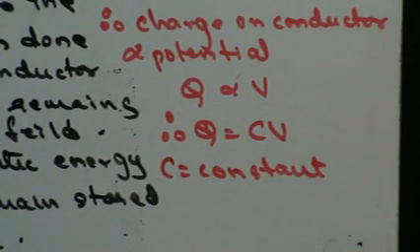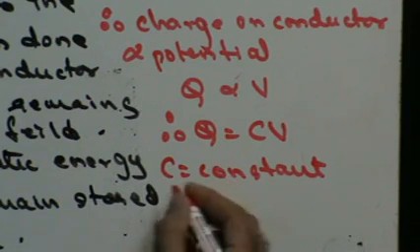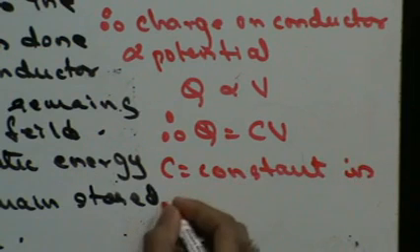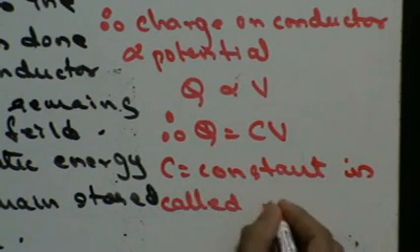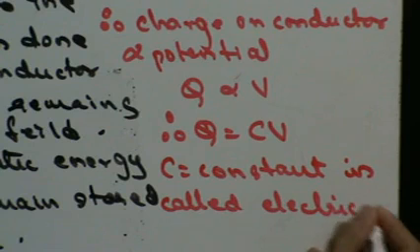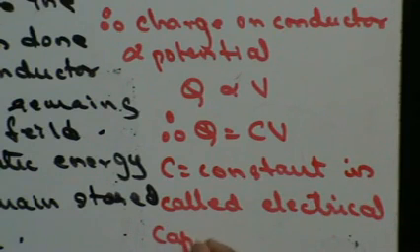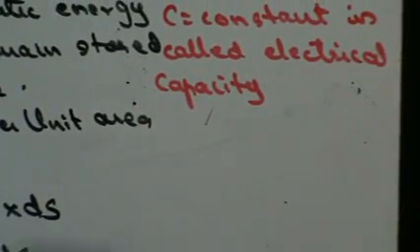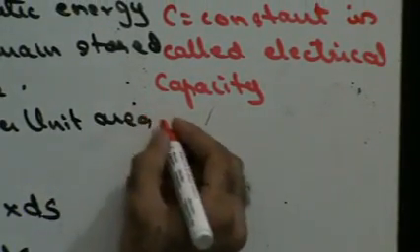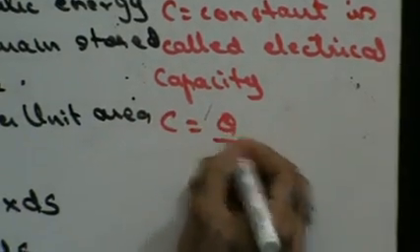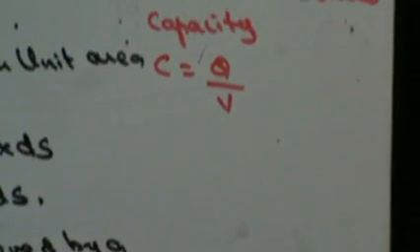And this constant C is called the electrical capacity or capacitance, right? That means I could therefore say that C is equal to Q upon V. Simple basic algebra.